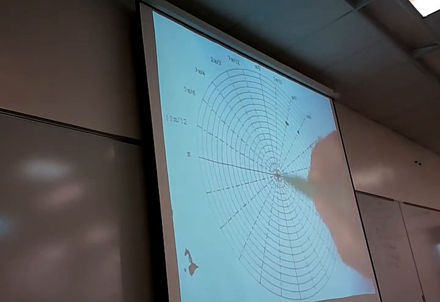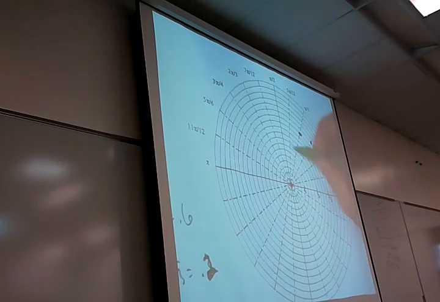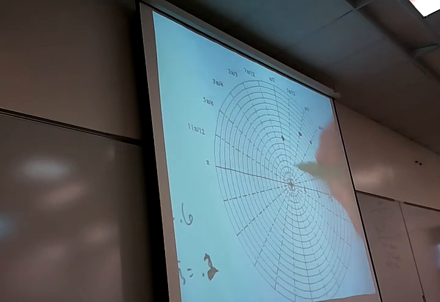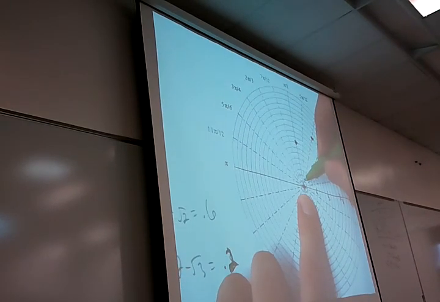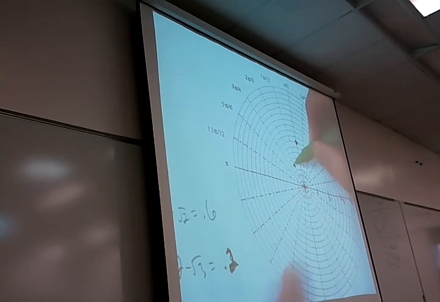Pi over 2, it's 2. So at pi over 2, I want to go up to 2, right there. And then 2 pi over 3, it's 1. 1 is right here. 3 pi over 4, it's 0.6.